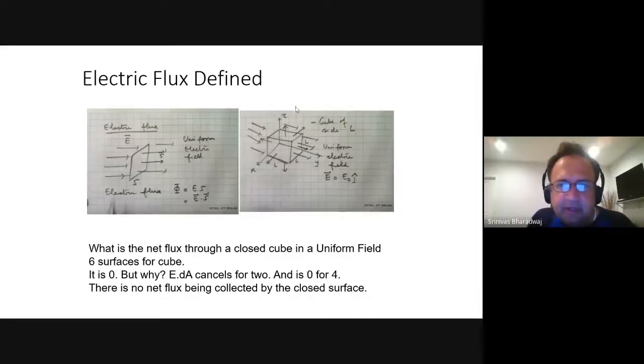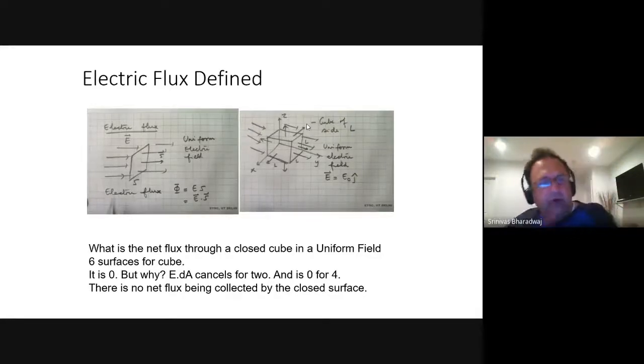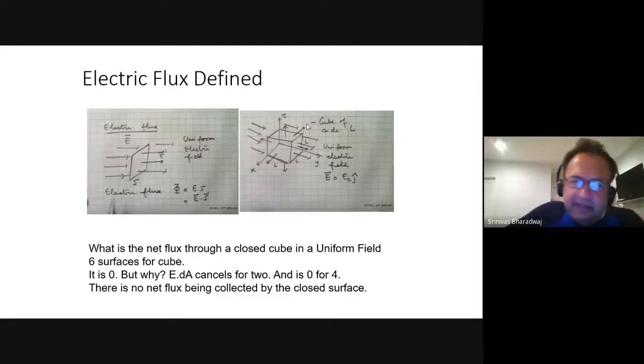E will be outward. If you had a unit charge, it will be like that and like that. And so if you did E dot dA, the flux will be only in one way. So if you had a uniform field, E dot dA will be like that.